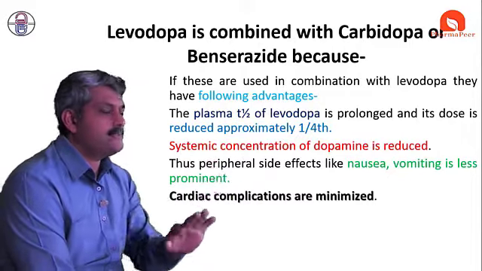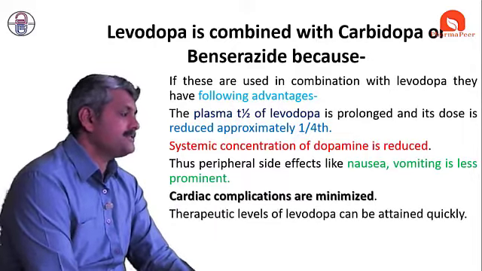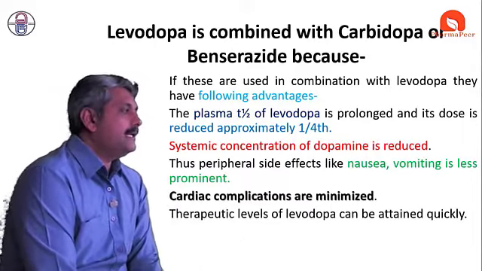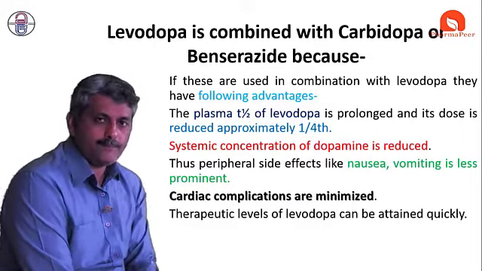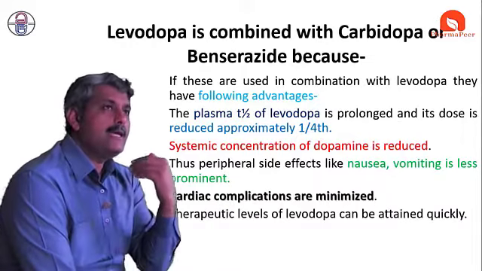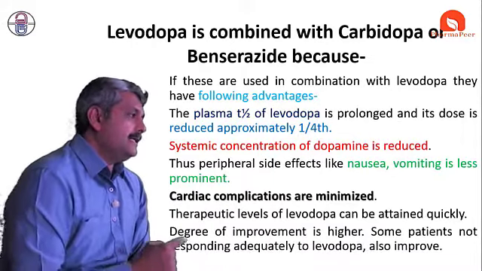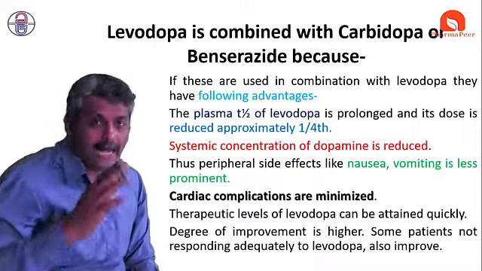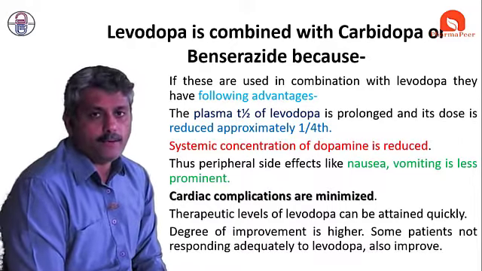Because the systemic concentration of dopamine is reduced, the therapeutic level of levodopa can be attained very quickly, and the degree of improvement is higher compared to levodopa alone.